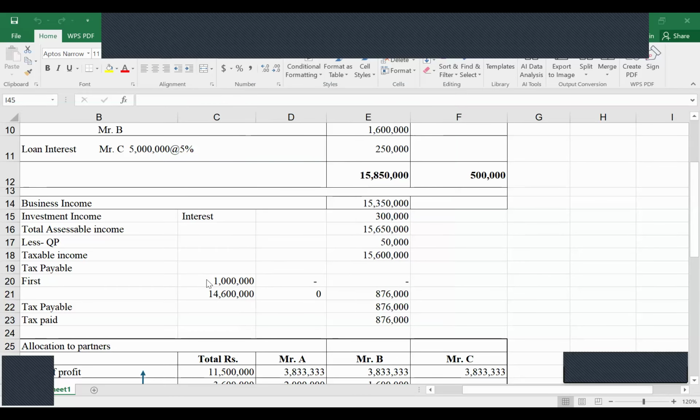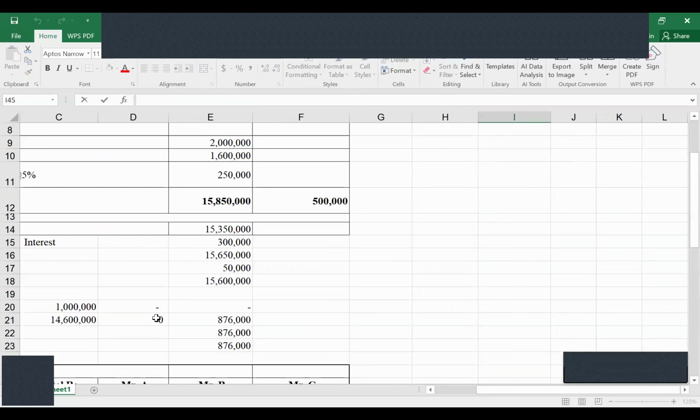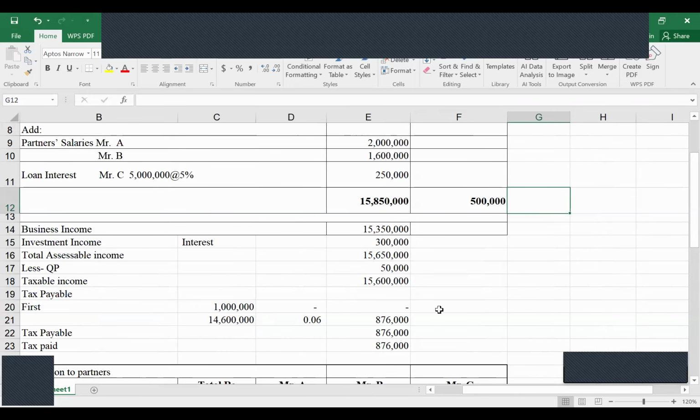So for the first 1 million, the applicable tax rate is 0.